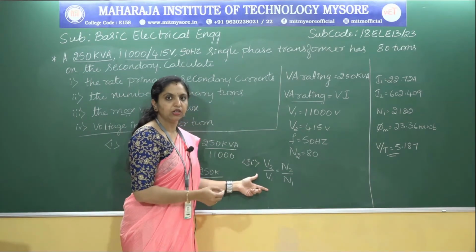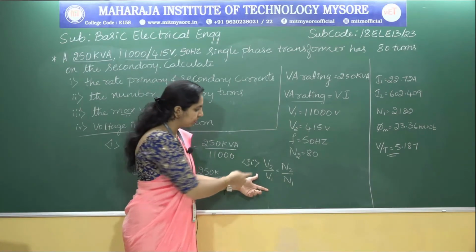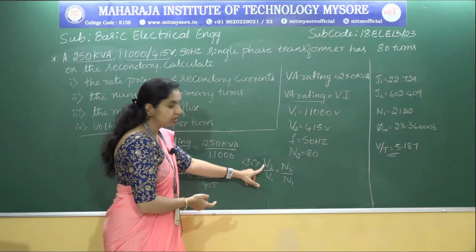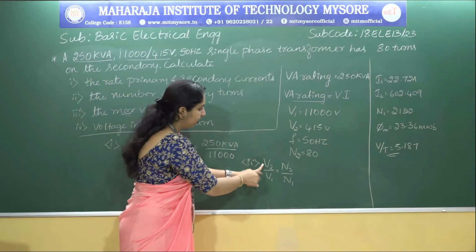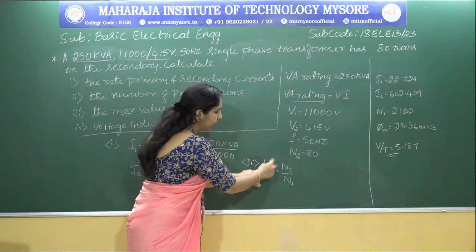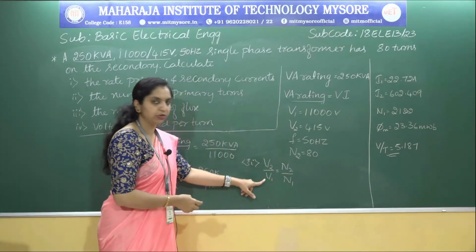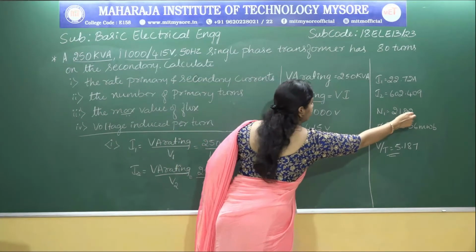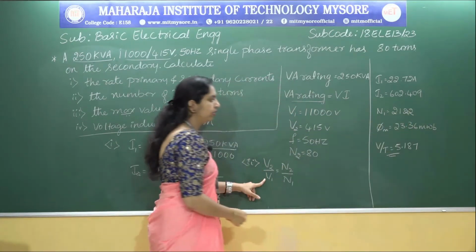According to the transformation ratio, V2 by V1 is equal to N2 by N1. You can substitute the value of V2, which is already given, and V1 is also provided. Now N2 is given, so we can calculate the value of N1 using this equation, and we get N1 as 2122 turns.